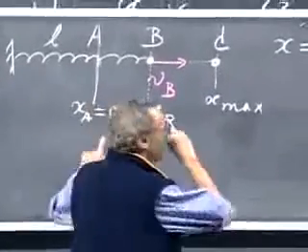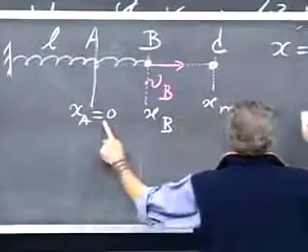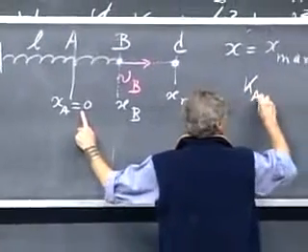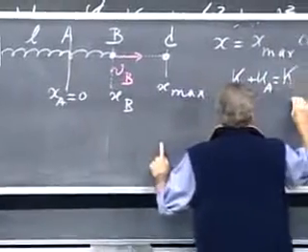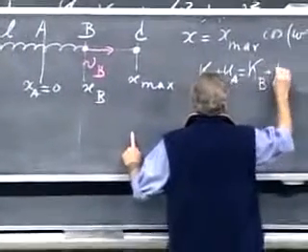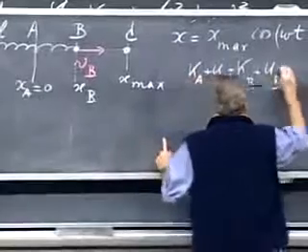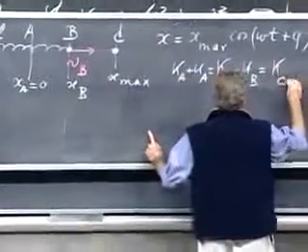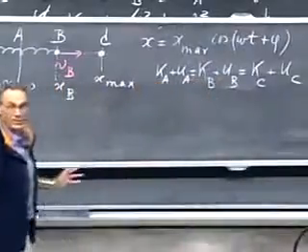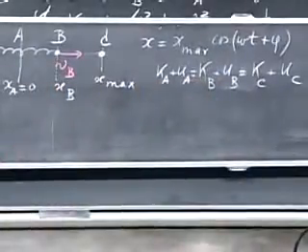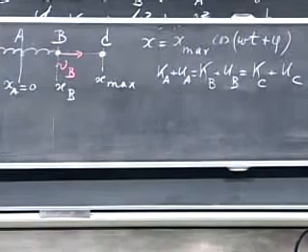The conservation of mechanical energy tells me that the kinetic energy at A plus the potential energy at A must be the kinetic energy at B plus the potential energy at B, and that must equal the kinetic energy at C plus the potential energy at C. Right? There's no friction, there are no non-conservative forces, so this has got to work.